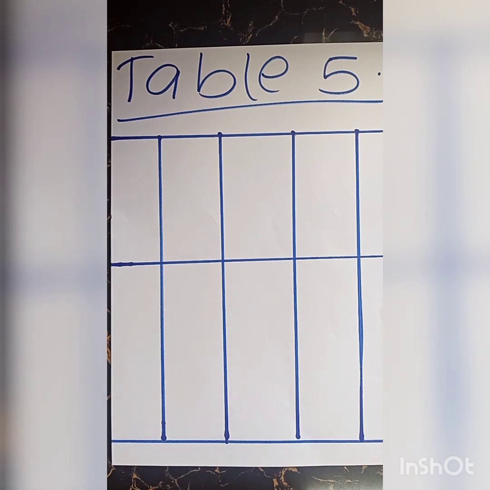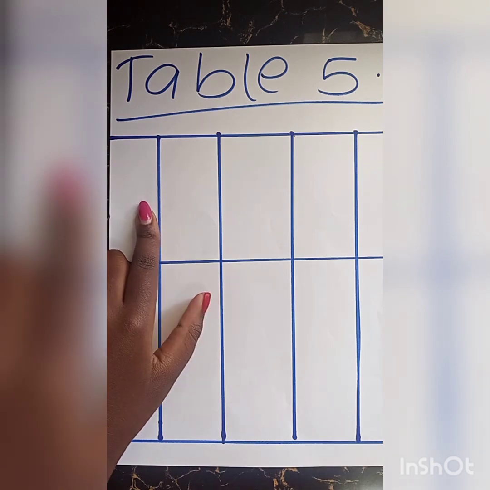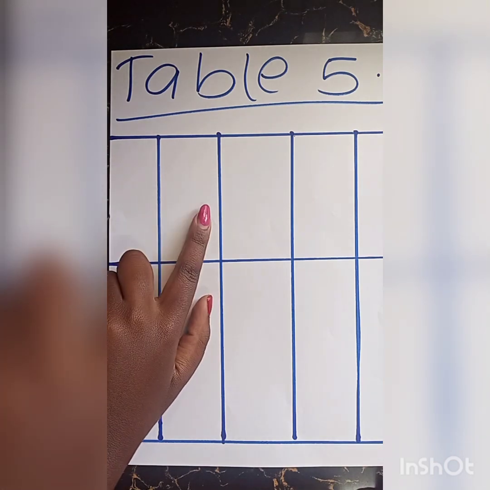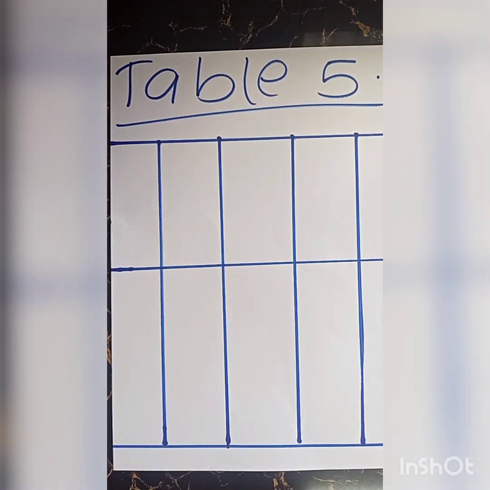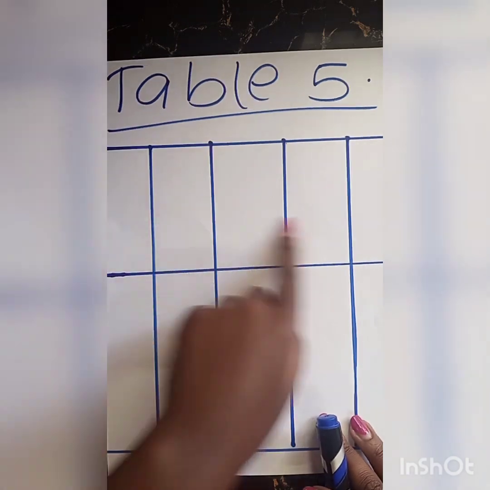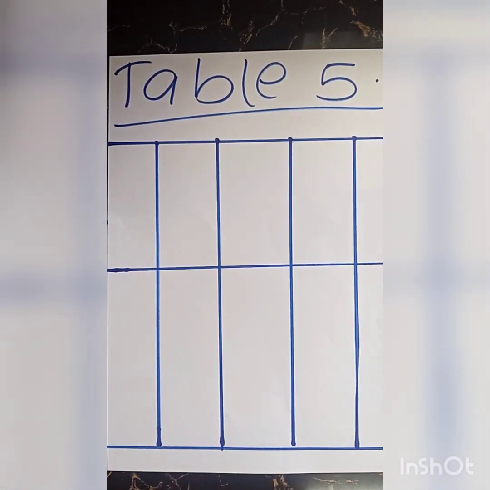For the digits in the ones place, all we need to do is write 5 and 0 interchangeably. So when we write 5 for the first one, we'll write a 0 in the next one. Then 5, then 0, like that. And whatever you do to the first row, we'll do it to the second row as well.